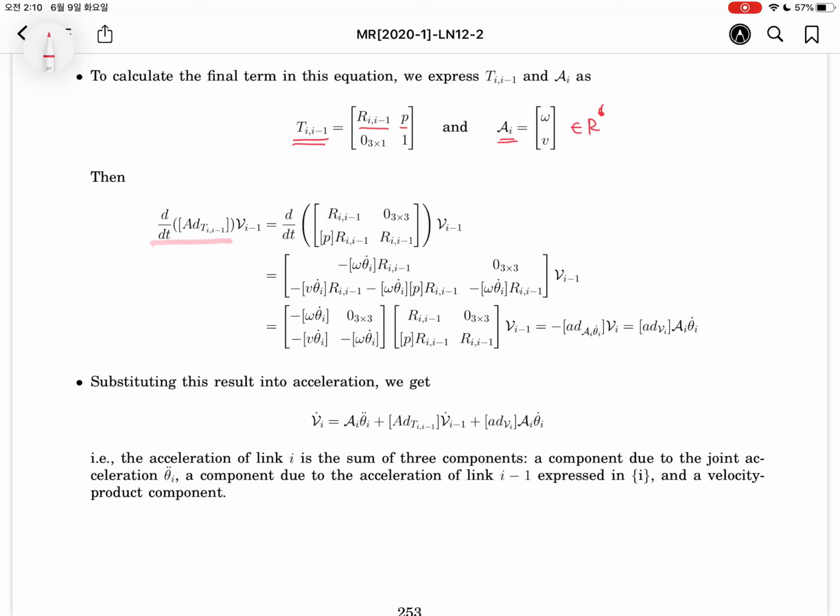So this adjoint map can be obtained from R and p cross R. Let's take the time derivative of this 6 by 6 matrix.